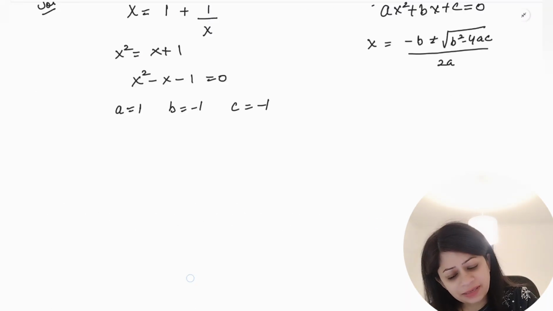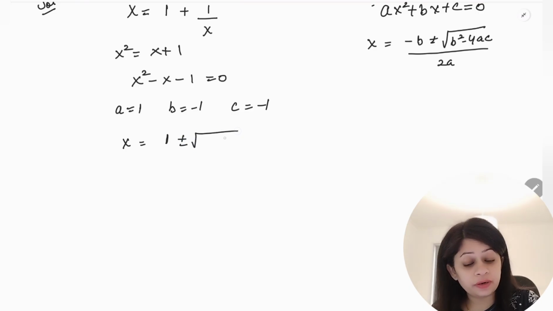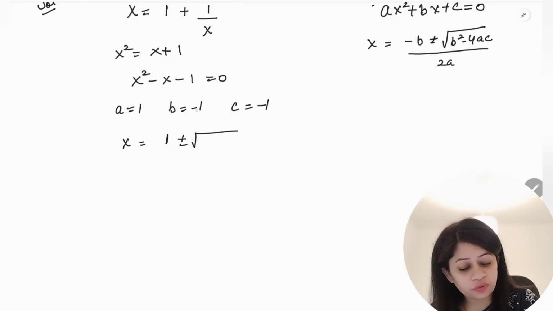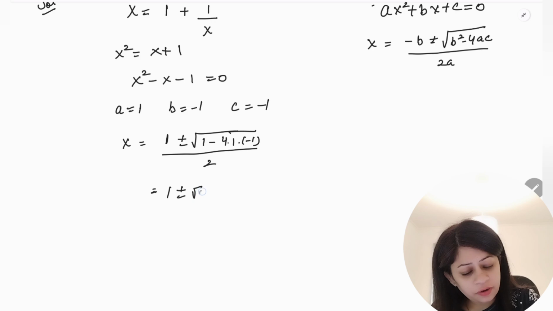So x is equal to minus b, that will become plus 1, plus minus under root b square. b square is what? Minus 1 square, that is 1, minus 4 times a times c, by 2. That is equal to 1 plus minus under root 1 plus 4, that will become 5, by 2.